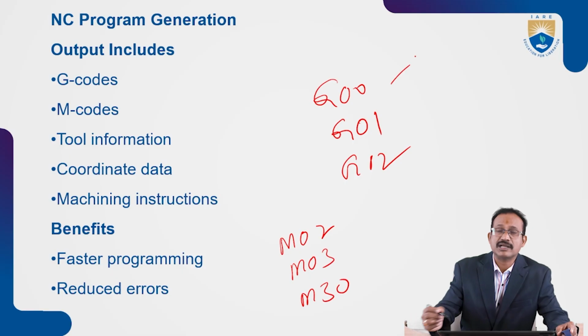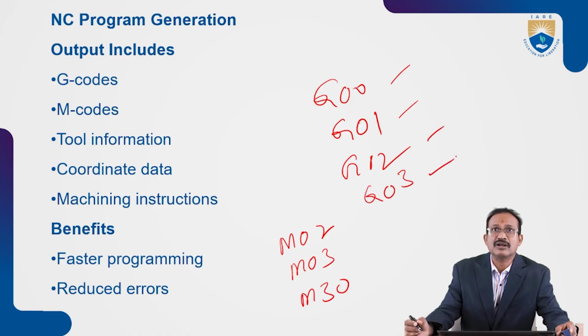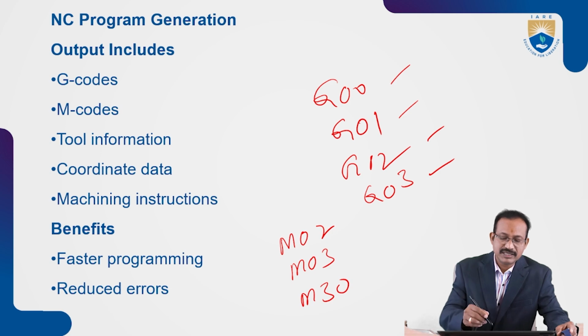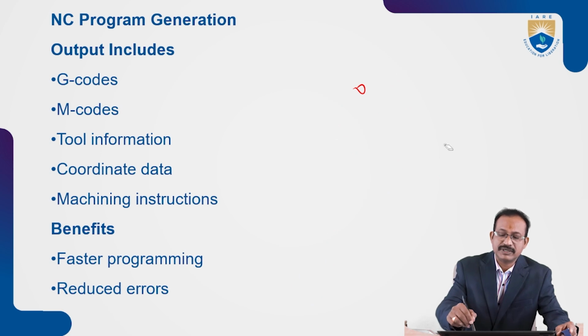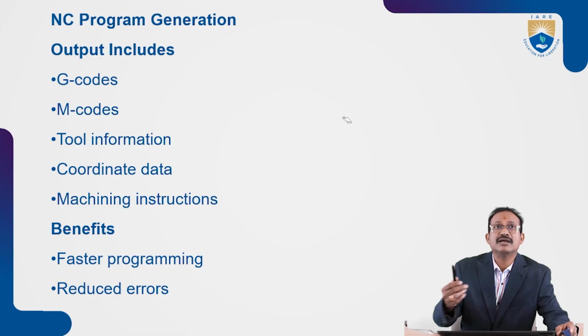G00 means rapid traversing. G01 is for linear interpolation. G02 is for circular interpolation clockwise. G03 is circular interpolation anti-clockwise. Similarly for spindle speeds, spindle clockwise direction, spindle anti-clockwise direction, and machine control unit stop.